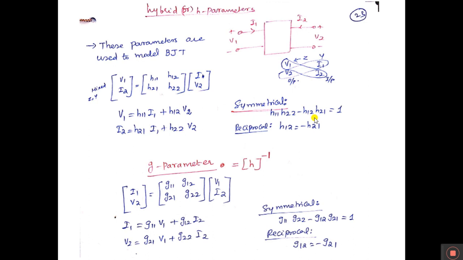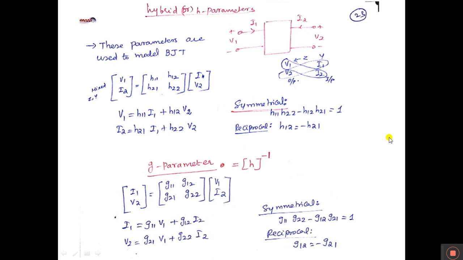Now V1, I2 on the left hand side, I1, V2 on the right hand side, with H11, H12, H21, H22. The equations are V1 equals H11 I1 plus H12 V2, and I2 equals H21 I1 plus H22 V2. And the symmetrical and reciprocal condition is important.